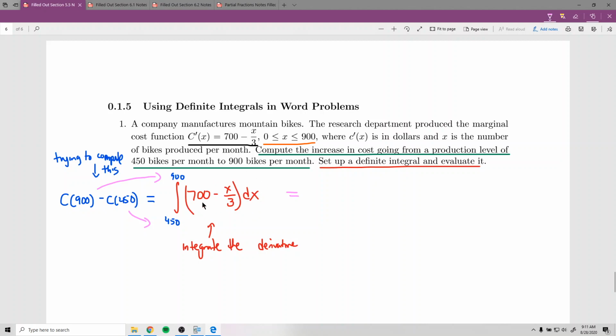Now, this is something we can integrate each part of pretty easily. The integral of 700 is 700x. The integral of x over 3, well, you can write the over 3 part as 1 over 3. And the integral of x, we add 1 to the power, x squared, and we divide by the new power.